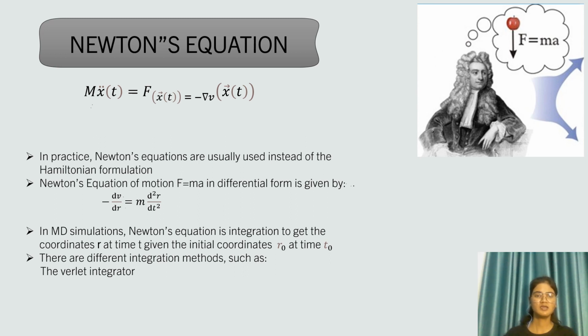In MD simulation, Newton's equation is integrated to get the coordinates r at time t, given the initial coordinates r naught at time t naught. There are different integration methods such as the Verlet integrator.